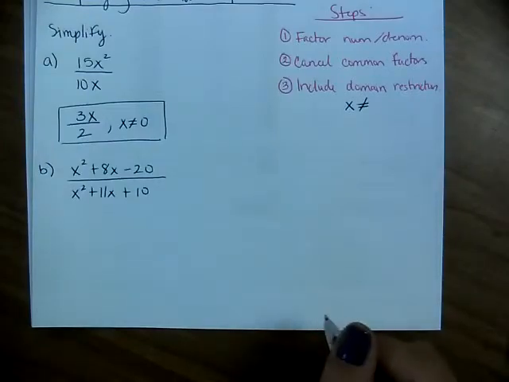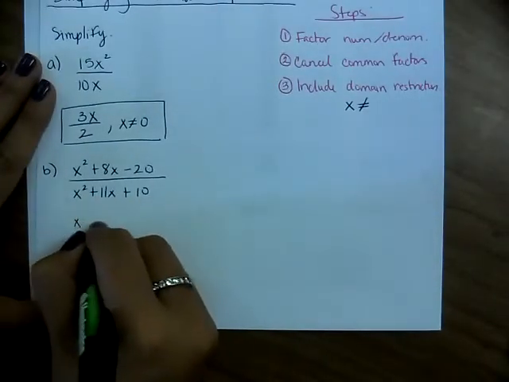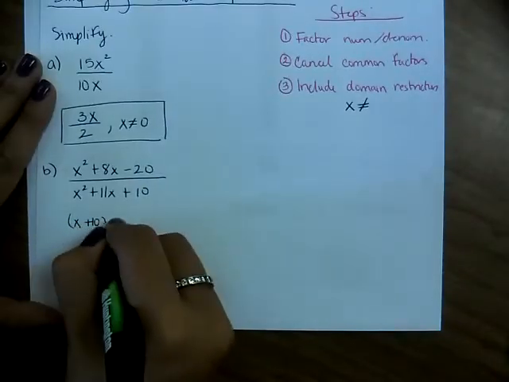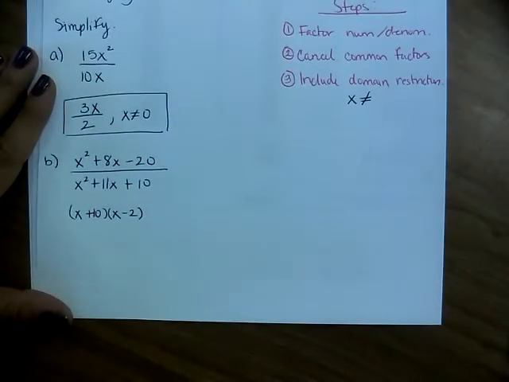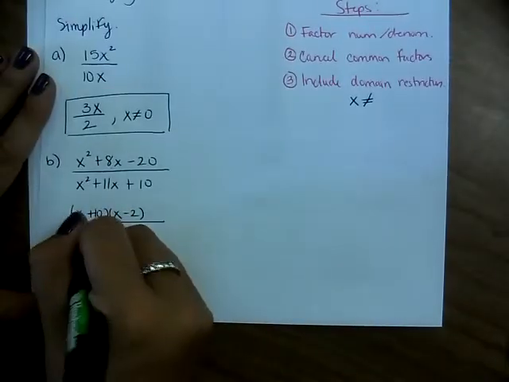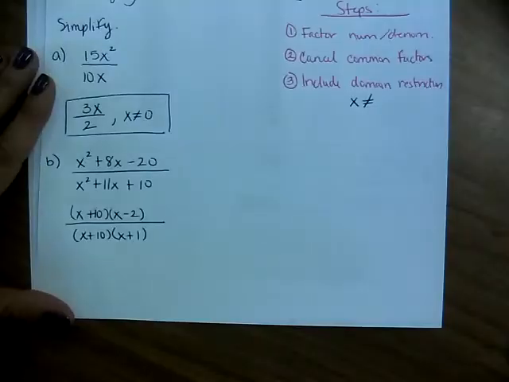So we're going to factor using guess and check. When I do that, I get x plus 10 times x minus 2, right? That gives me that positive 8, negative 20, over x plus 10 times x plus 1. Okay, so that's step 1.